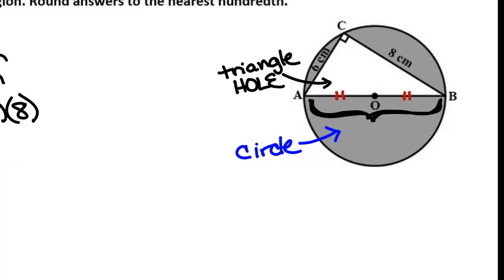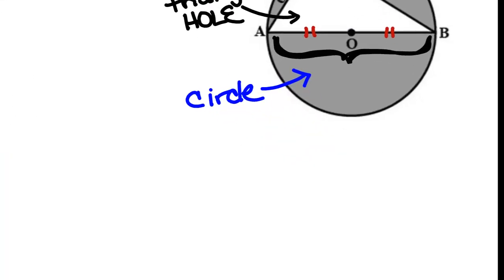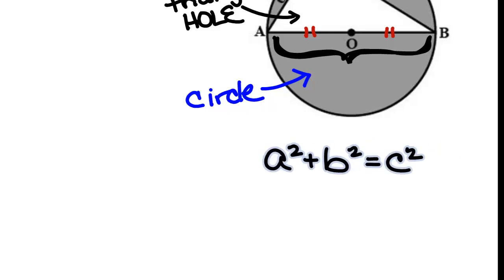What shape is the whole again? Triangle. What kind of triangle? Right triangle. What can I use with right triangles to find missing sides? Pythagorean theorem. A squared plus b squared equals c squared. What part of a right triangle has to go in for c?